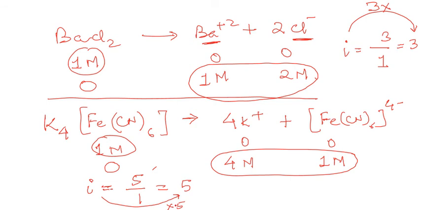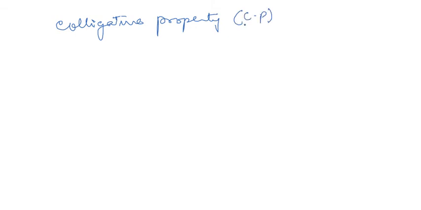Now, how is the understanding of the concentration going to be important to us? We understand that the colligative property, in short if we write it as Cp, is directly related to the concentration.